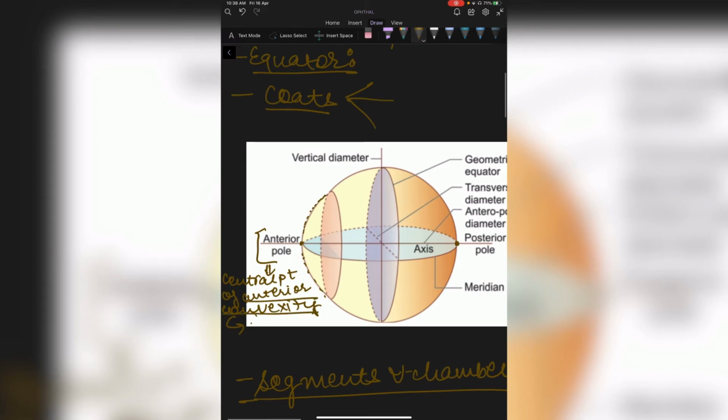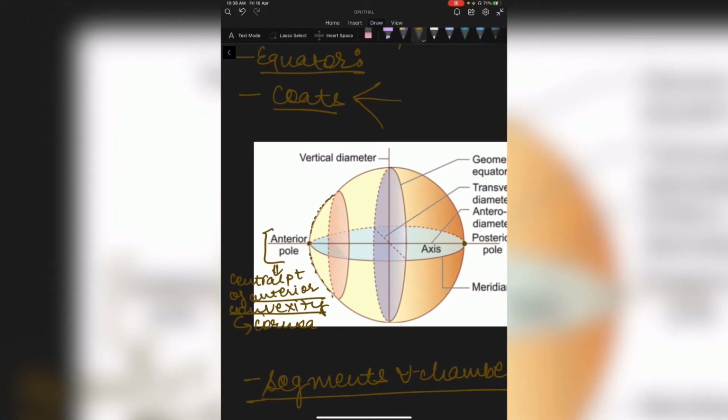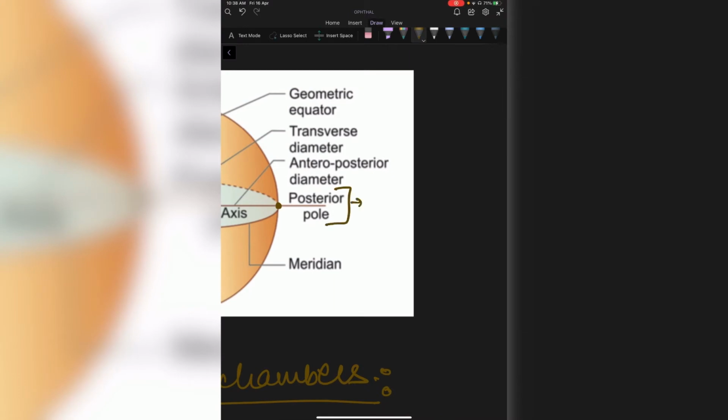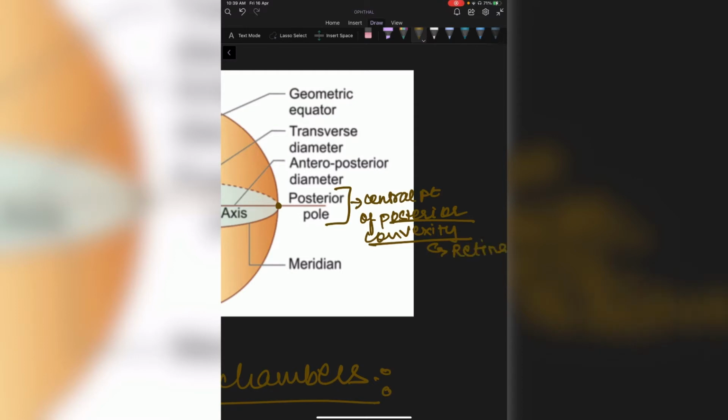So the central point of your cornea is called your anterior pole, right? Now the posterior pole is the central point of the posterior convexity. Now, what is the posterior convexity? Posterior convexity is your retina. So the central point of the cornea is the anterior pole. The central point of your retina is the posterior pole.